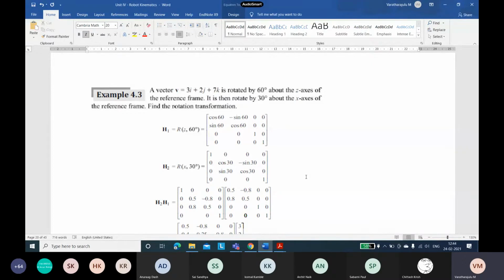What was cos 60? What was sin 60? What was cos 30? And sin 30.